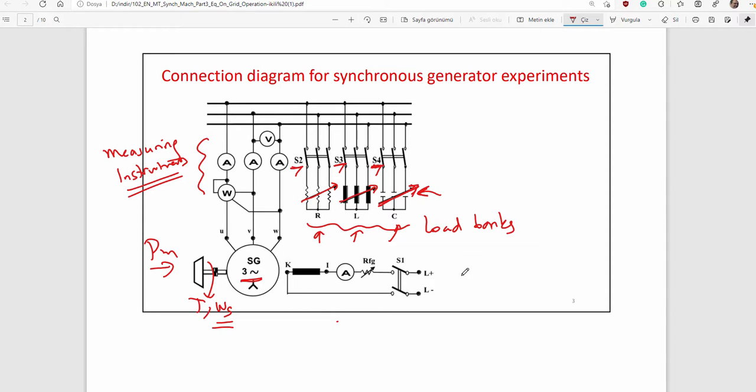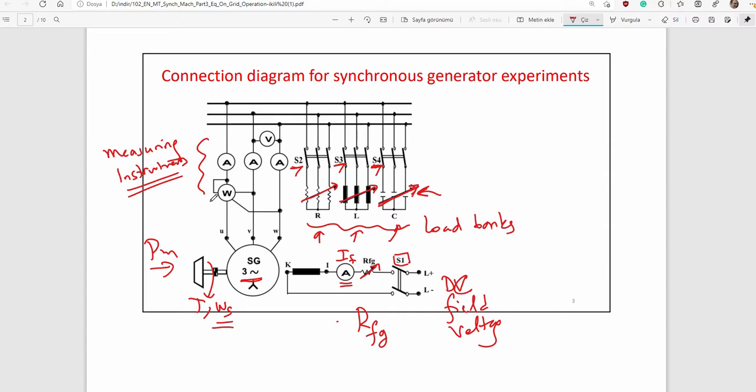Here is the DC field voltage applied to terminals. Here is a circuit breaker, and then here is a control rheostat for the field of generator, RFG. That is the controllable device to control field current. Here's an ammeter to measure field current.